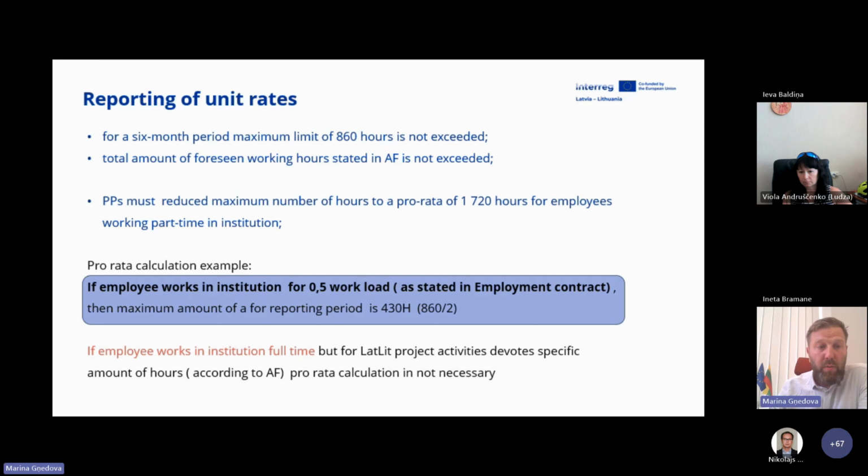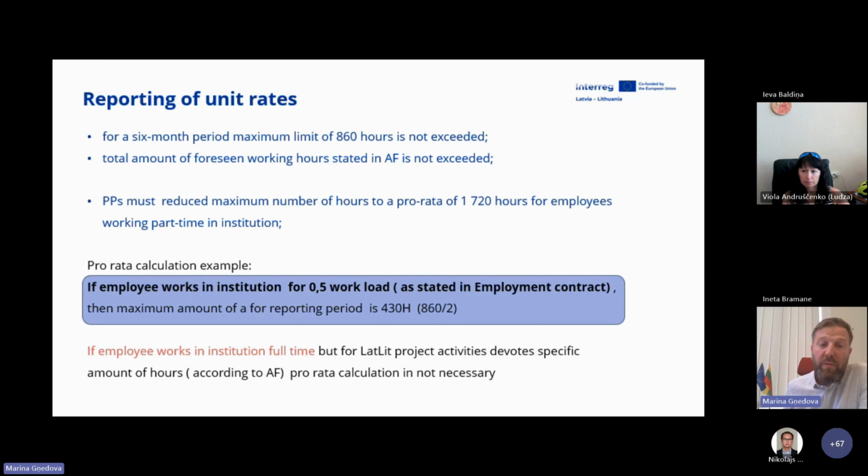And here in blue, you can see this example. So for instance, if employee works in institution only for half of workload stated in an employment contract, and it's for all duties in institution, then the maximum amount which could be reported has to be divided by 2. It's 430 hours. And so you cannot exceed this limitation, whatever was stated in application form.